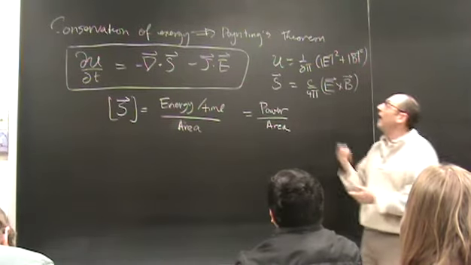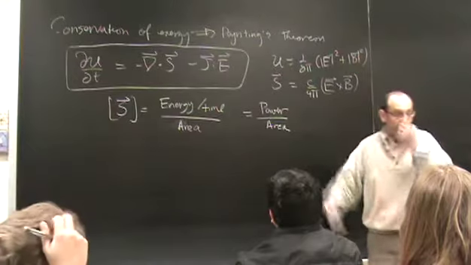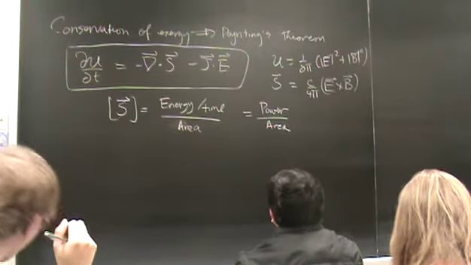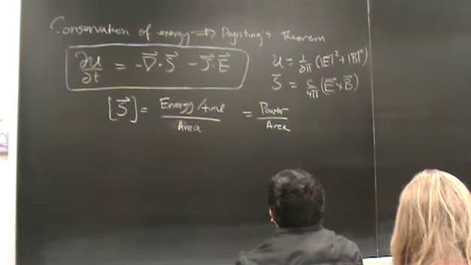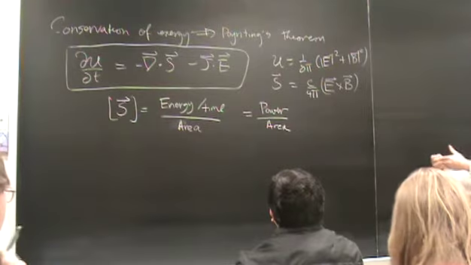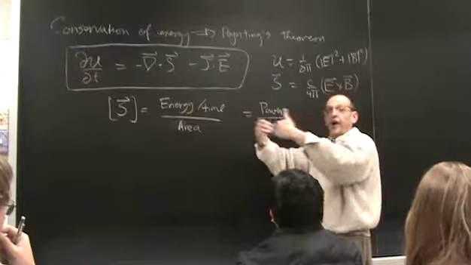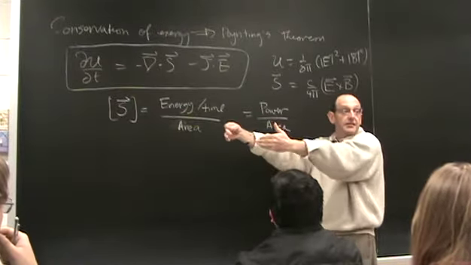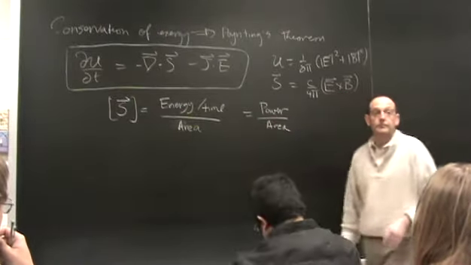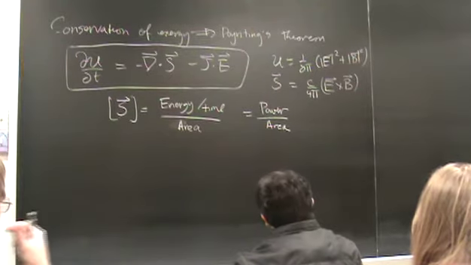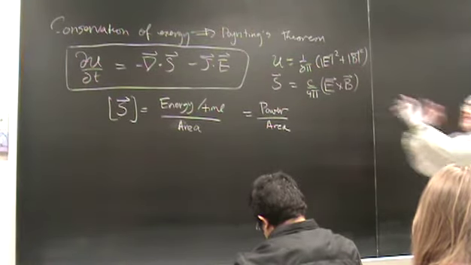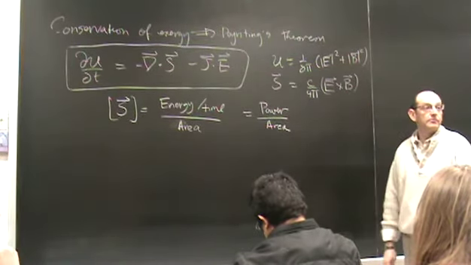So if I multiply that by c, well then I get a flux. Just like when we multiply charge density by the velocity of the flow of charge, we got the current density, the flux density of charge. So it's always the case that the density times the velocity is the flux density.